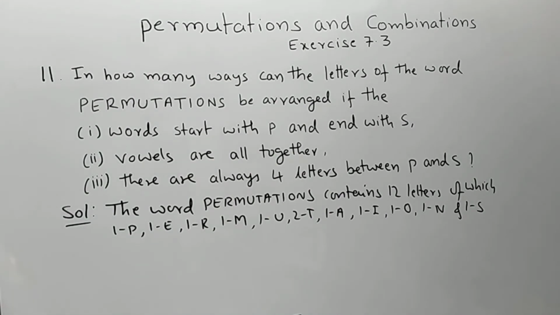Coming to the first one, when you fix P in the first place and S in the last place, remaining 10 letters can be arranged in factorial 10 divided by factorial 2 ways. P can be arranged in one way and S can be arranged in one way.